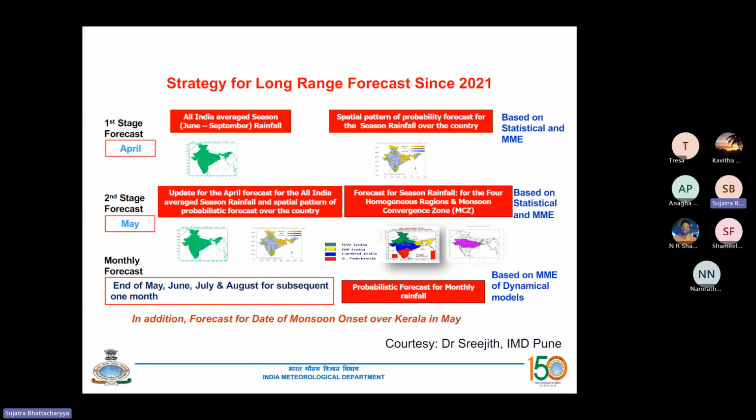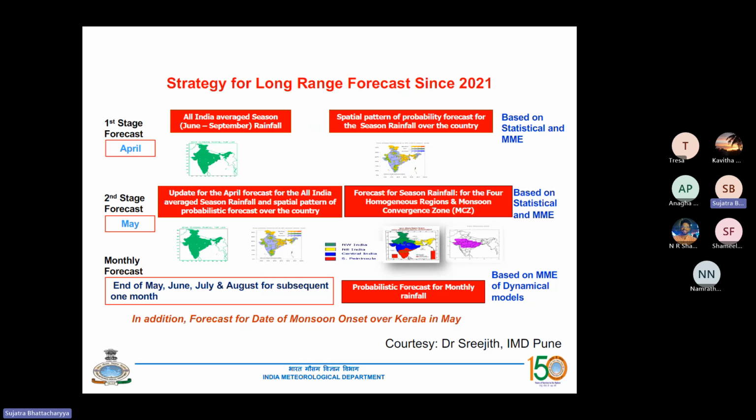First, in the month of April, an all India monsoon rainfall forecast will come, and IMD has also started giving the spatial distribution of rainfall. IMD claims that they use both a multimodel ensemble based on CFS V2 as well as a statistical model, which is a multi-parameter model. Then they will revise the forecast by the middle of May.